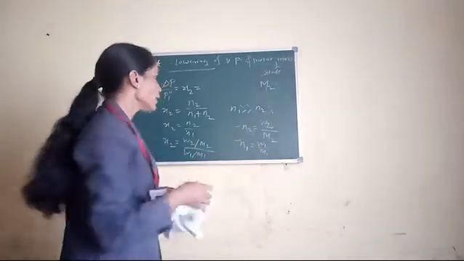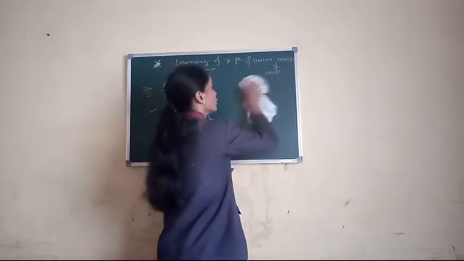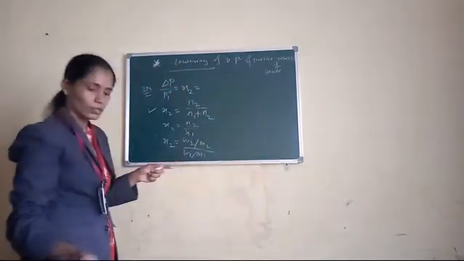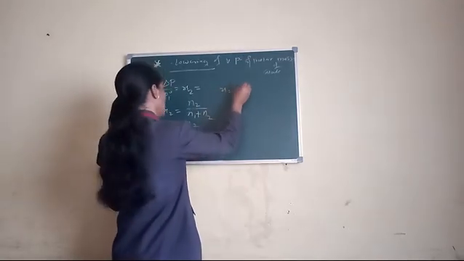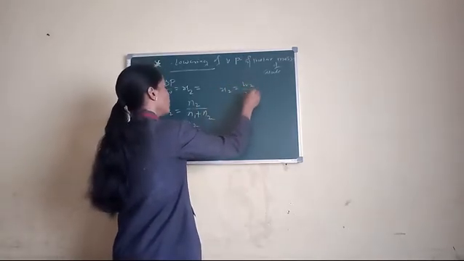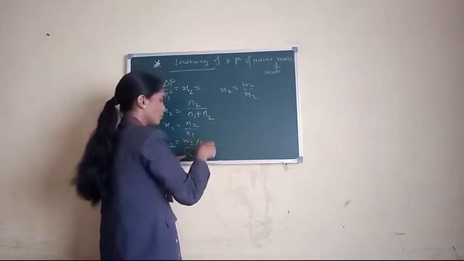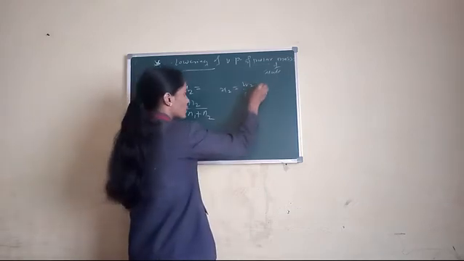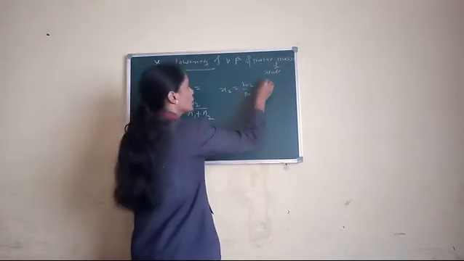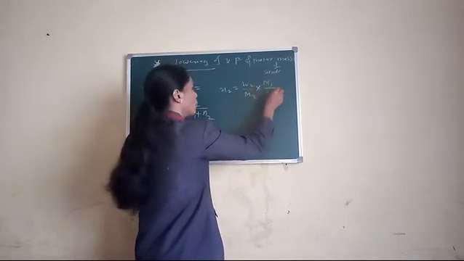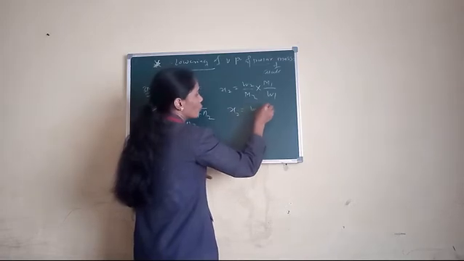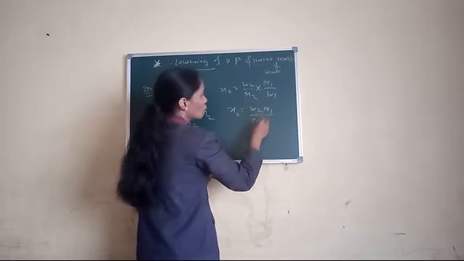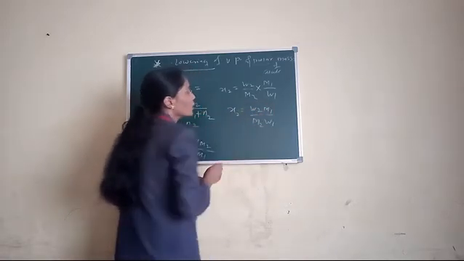Then by rearranging the equation, X2 is equal to W2 upon M2, and the quantity shifts and gets reversed, that is into M1 upon W1. So X2 is equal to W2 M1 upon M2 W1.